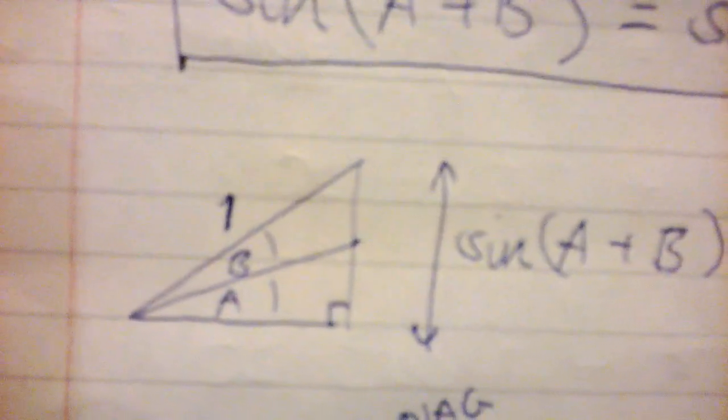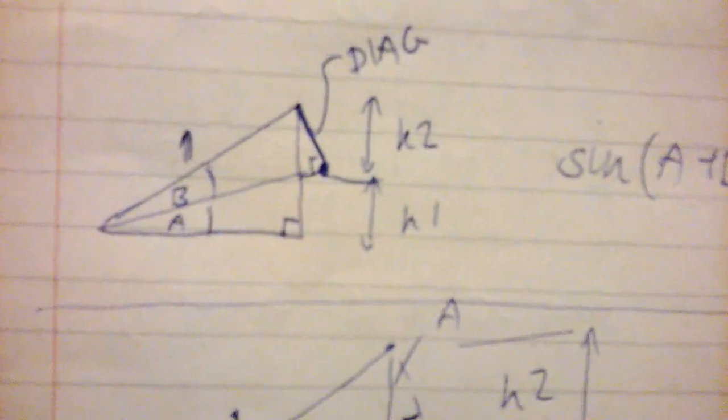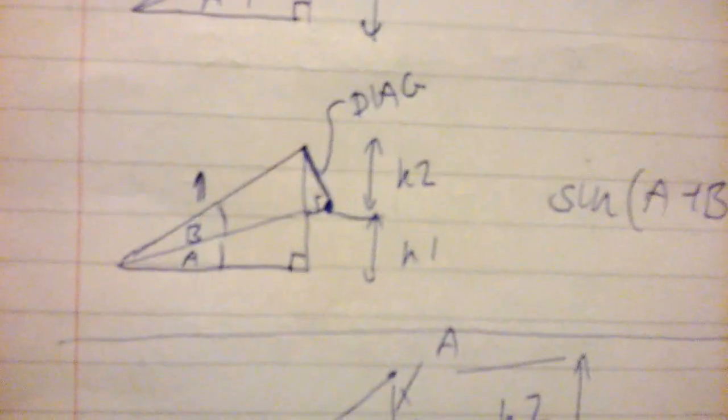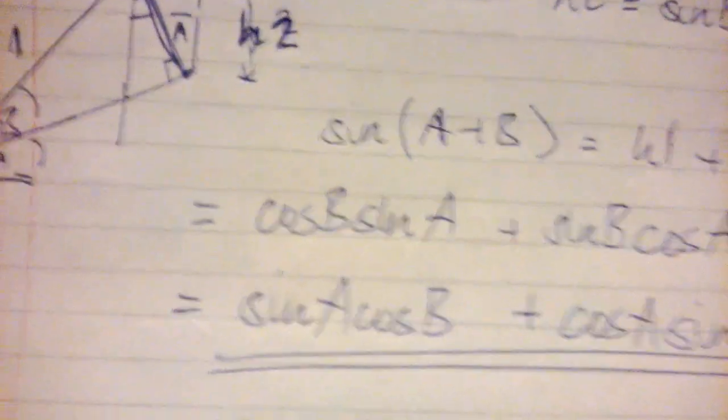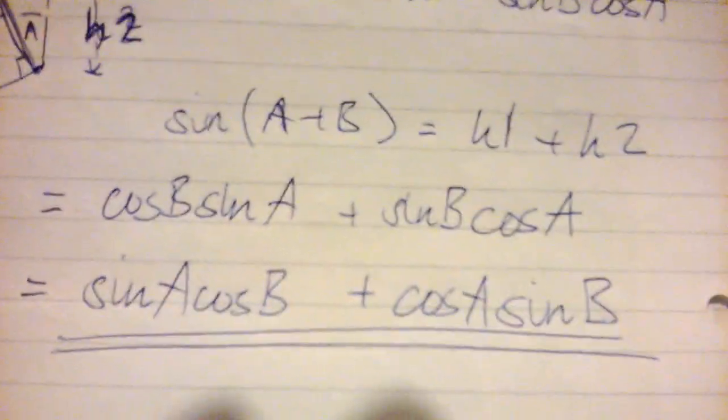So you'd start off with the two triangular segments, you pull one of them out just to adjust them, and then you get the two heights, h2 and h1, cos b, and then from that, this is just a very quick overview, sin(a+b) is sin a cos b plus cos a sin b.